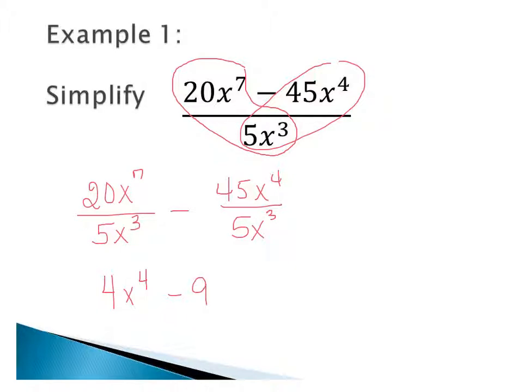And then x to the 4th over x to the 3rd, if we subtract the powers, will give us x to the 1st, or simply x. So altogether this simplifies to 4x to the 4th minus 9x. We're going to use this strategy for the next two examples. Now recall that this strategy is only going to work if we have one term in the denominator.